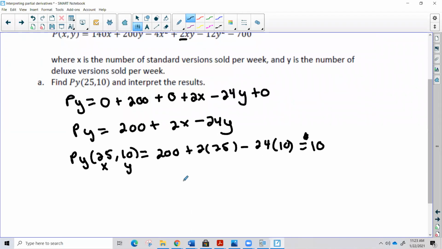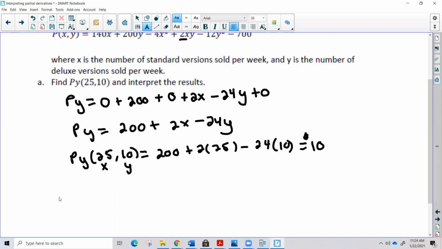So what this means is, again, we're doing the partial with respect to y. So we're increasing our y units from the 10th unit to the 10th plus 1. So it's the number of deluxe versions. We're going from 10 deluxe versions to 11 deluxe versions, and the number of standard versions is staying the same at 25. And we're saying if that happens, the profit is increasing by $10.